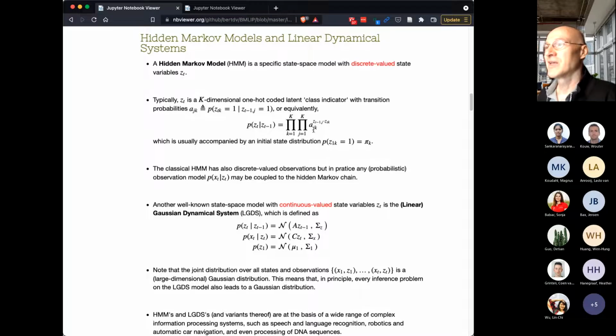You see all AJKs are here, and AJK is only selected if Z of T minus 1, j equals 1 and ZTK equals 1. These are just like before, class selectors or cluster selectors. AJK is only selected if what's in the exponent equals 1.